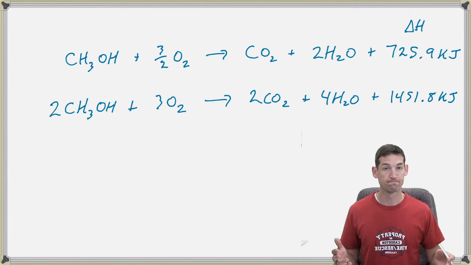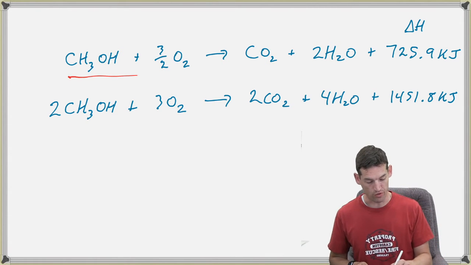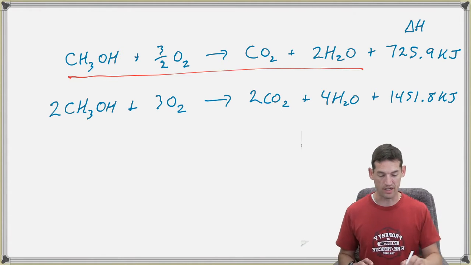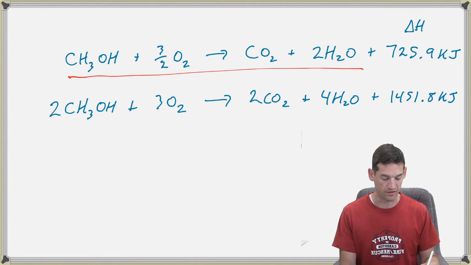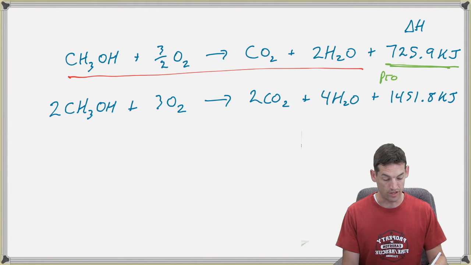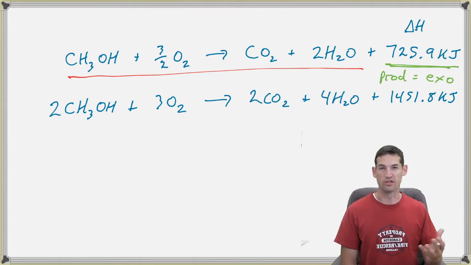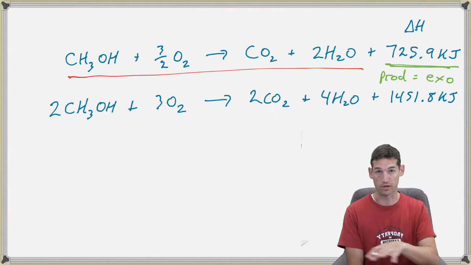Okay, there's that one. Now in this one again, the reaction, we just wrote it out. Here it is, there's the reaction. But in this case, it's not the positive negative, it's the location of the energy. So this is on the product side, that means it's exothermic. That's what tells me that exo-endo, not the positive negative, because this will always be positive, no matter which side it's on.